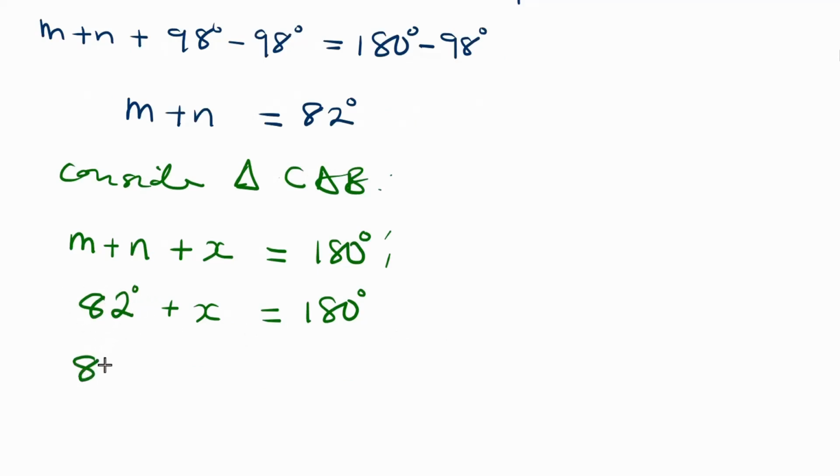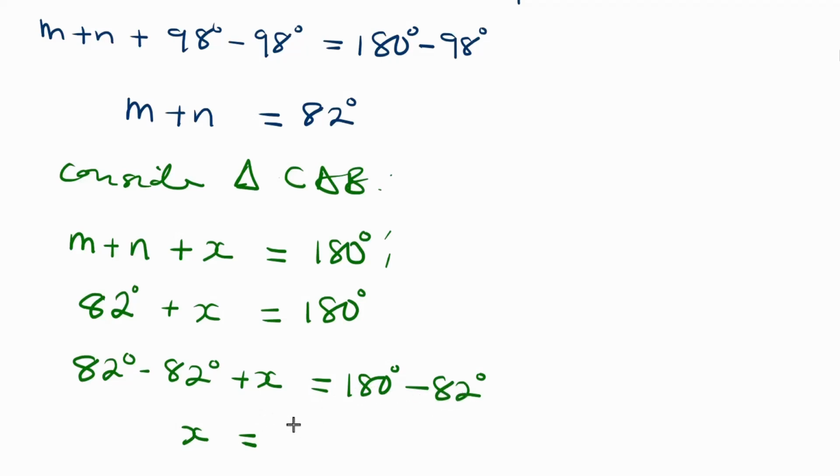So 82 degrees minus 82 degrees plus X equals 180 degrees minus 82 degrees. On the left hand side, we remain with X alone, being equal to 180 take away 82 degrees, which gives 98 degrees. So this is now the value of X.